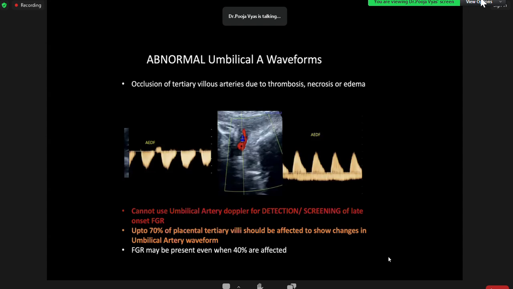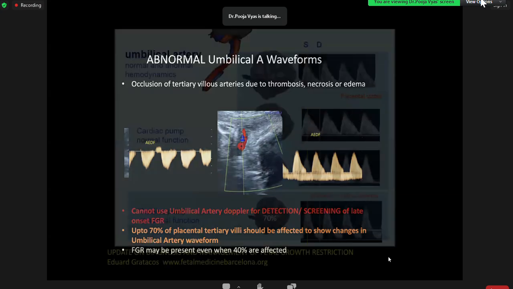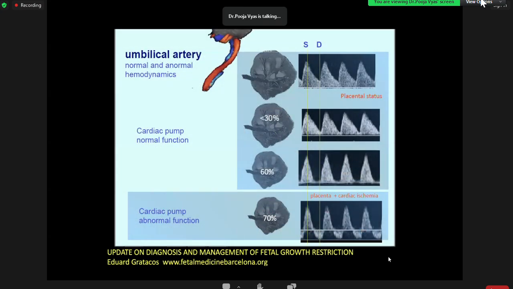Now, abnormal umbilical artery waveforms, that is absent and reversed end diastolic flow, they start occurring only when about 70% of the placenta is already affected. So it cannot be used for screening of late onset FGR. It is only used for early onset FGR. Okay. As seen over here, the first image is a normal placenta.